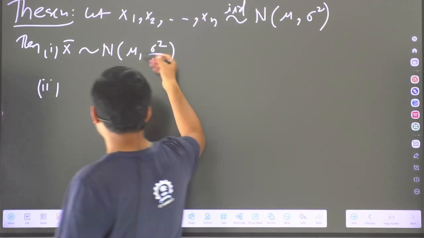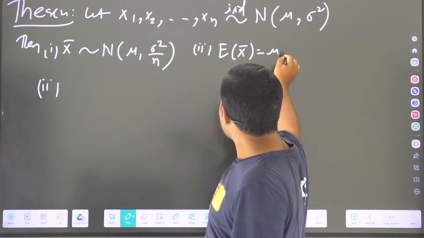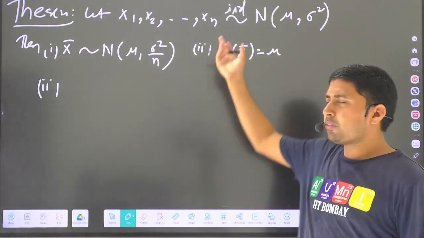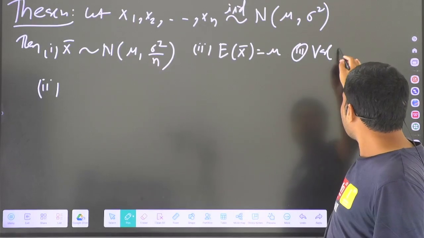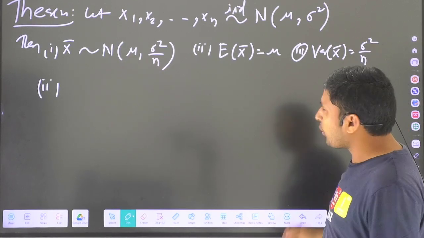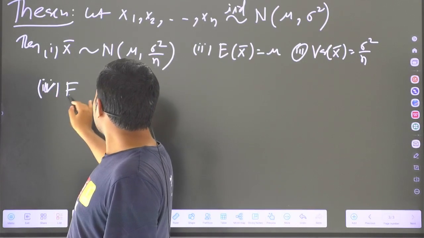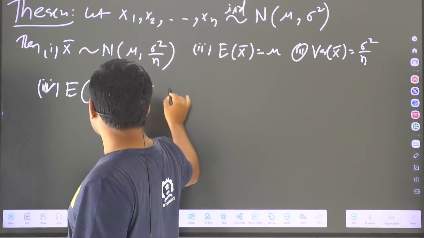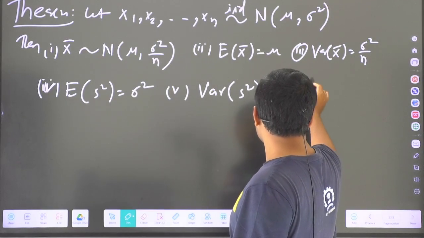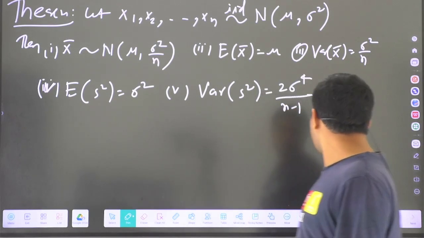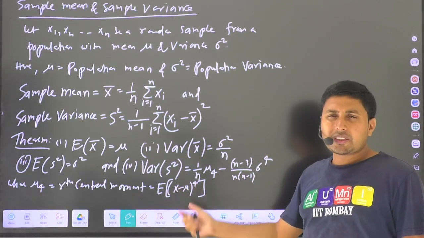The expectation of x bar is in general mu, so it holds also for a normal population, and the variance of x bar is sigma square by n for any population. For the fourth one, the expectation of s square is again sigma square, and the variance of s square reduces to 2 sigma 4 upon n minus 1. If you simplify this, you find the fourth central moment in the normal.